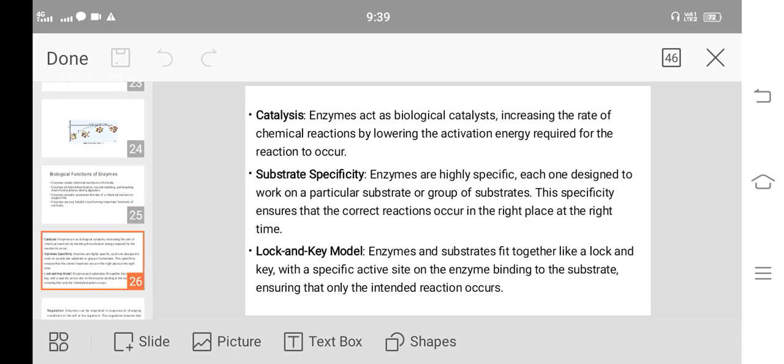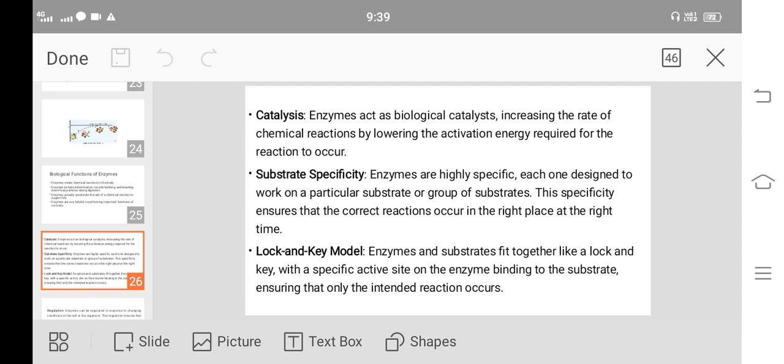Enzymes, their main role is as a biocatalyst. They increase the speed of the chemical reaction by applying a little amount of energy to occur in the reaction process. And the enzyme is also involved in substrate specificity. For example, lactose needs the enzyme lactase; based upon substrate specificity, specific types of enzymes are needed.